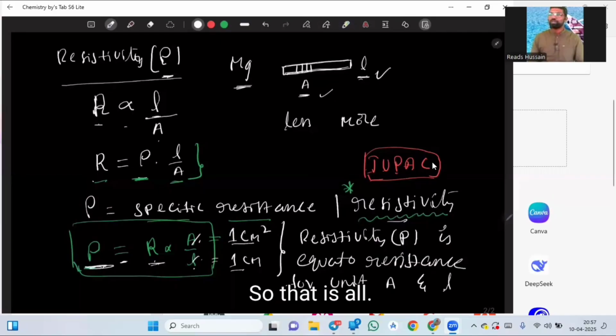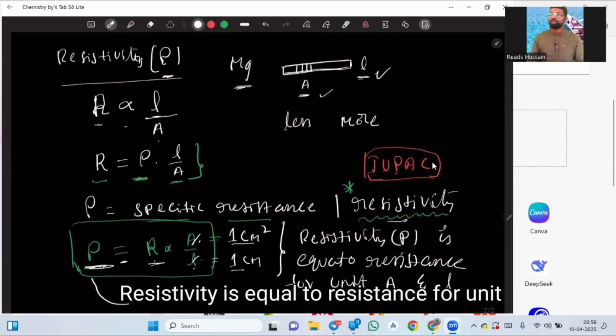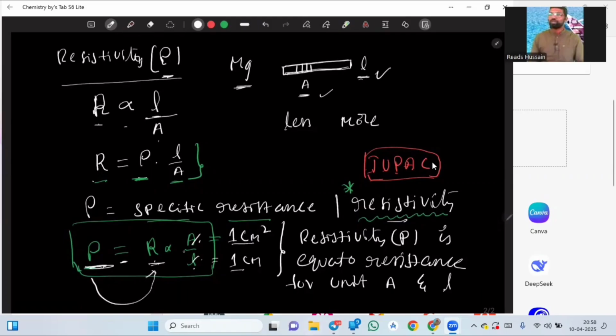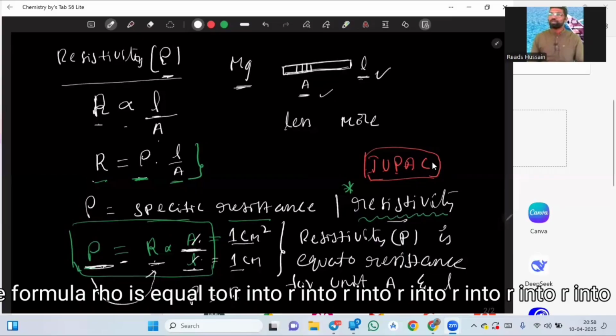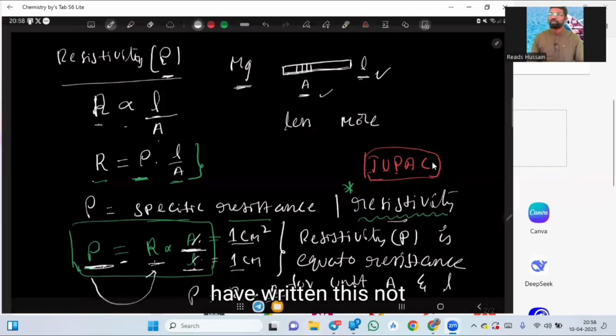That's all. This is the definition of resistivity. What's the formula? Rho is equal to R into A by L. I hope you have written this.